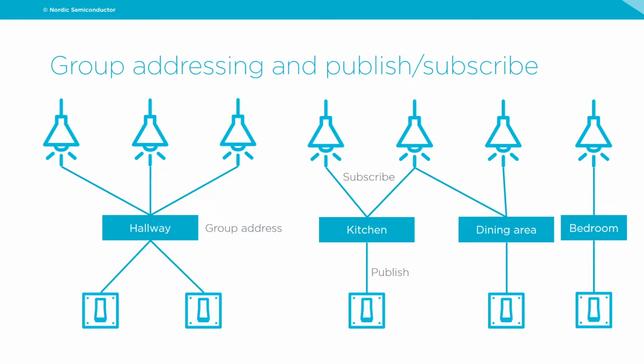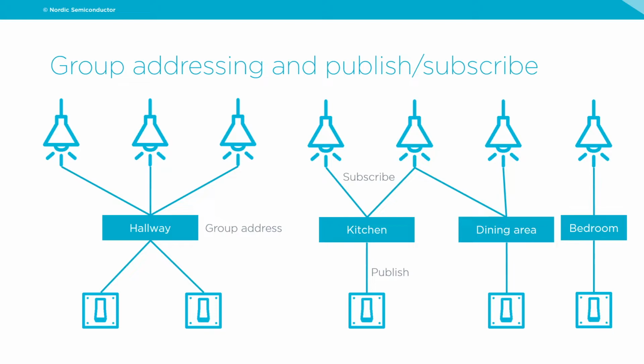And instead of addressing them individually, you assign them to a group address, and the switches that want to control the hallway, for example, will publish to that group address, and the lights that want to be controlled by those switches will subscribe to that group address.